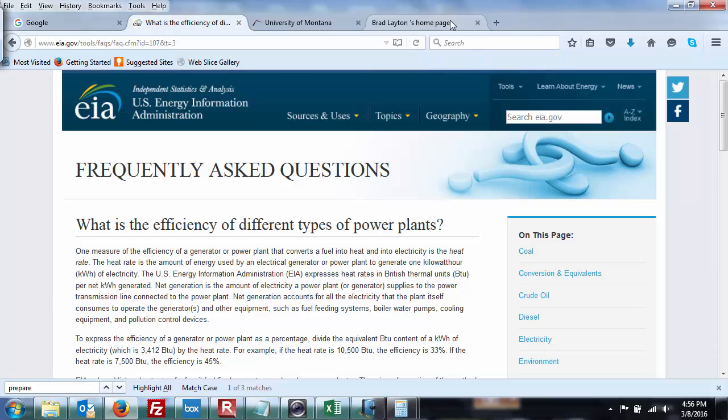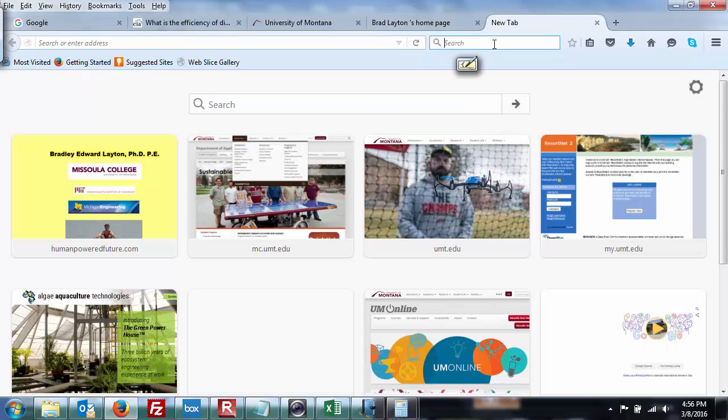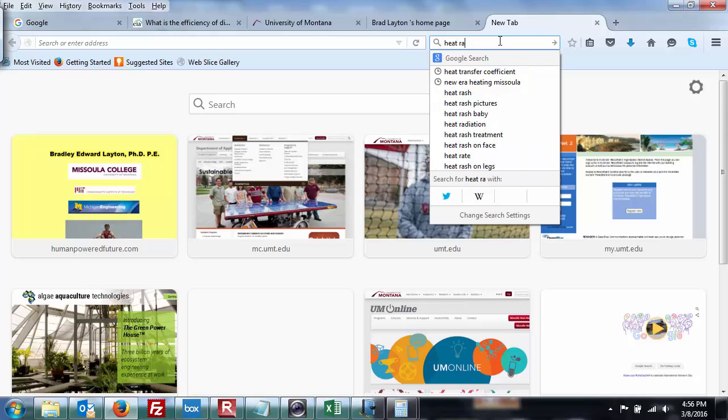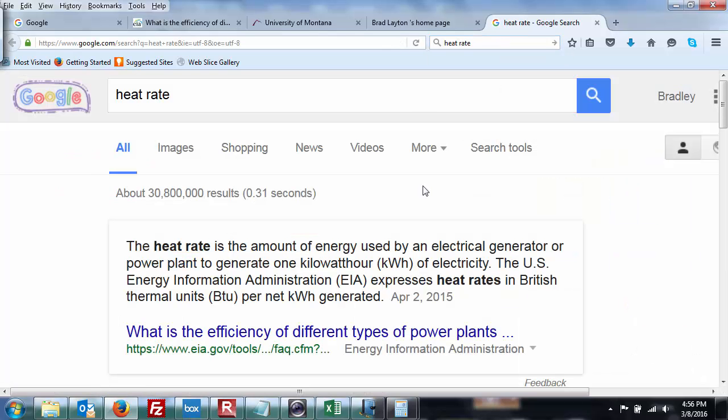I know we covered this. We actually just covered this in bioenergy. Heat rate, so it's BTUs per kilowatt hour. So it's BTUs of coal to make a kilowatt hour of electricity.